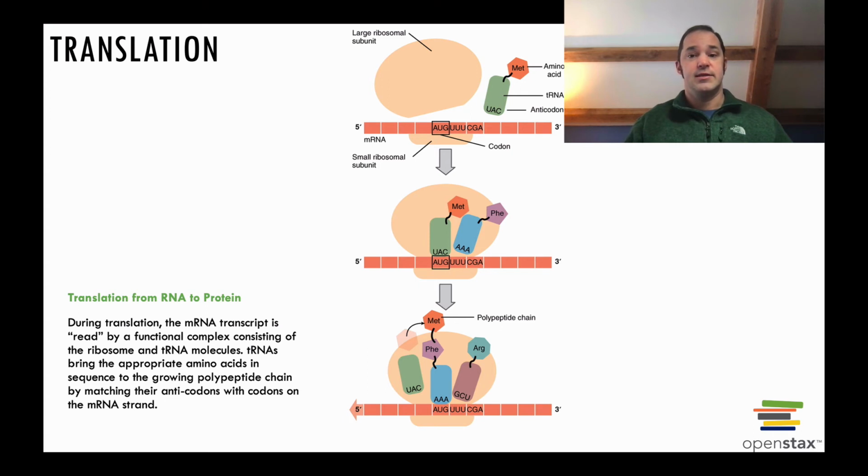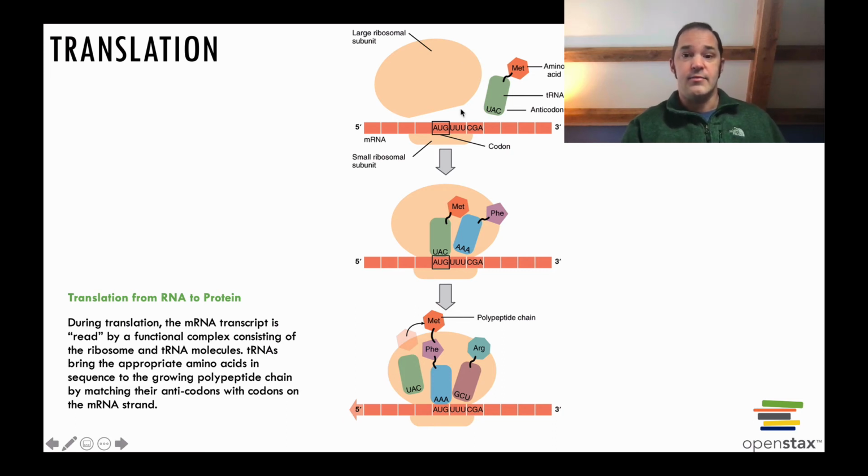So this nucleotide language gets translated into a protein or amino acid language. And so what happens is the ribosome, which we remember, protein synthesis happens at the ribosome, assembles around the RNA molecule, the messenger RNA molecule.